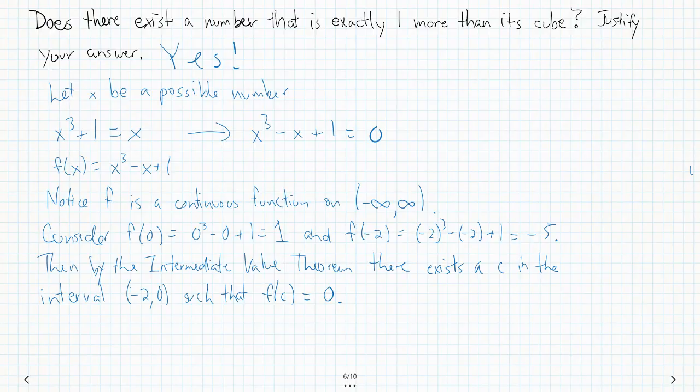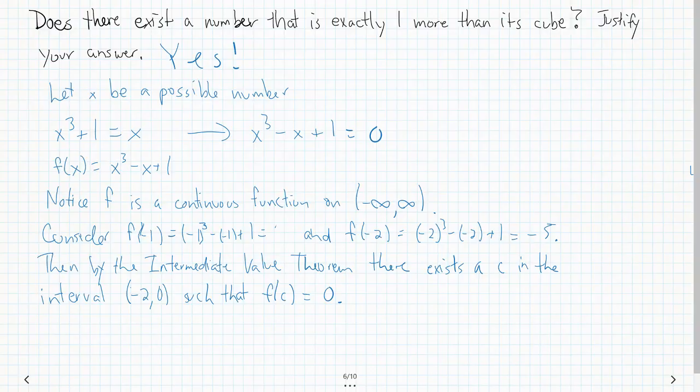Okay. In fact, if you wanted to make it a little bit more precise, say we wanted to limit this interval down, let's adjust a little bit. So I'll write this just to give you a picture as to what's going on. Notice f of -1 equals -1 cubed minus a -1 plus 1.